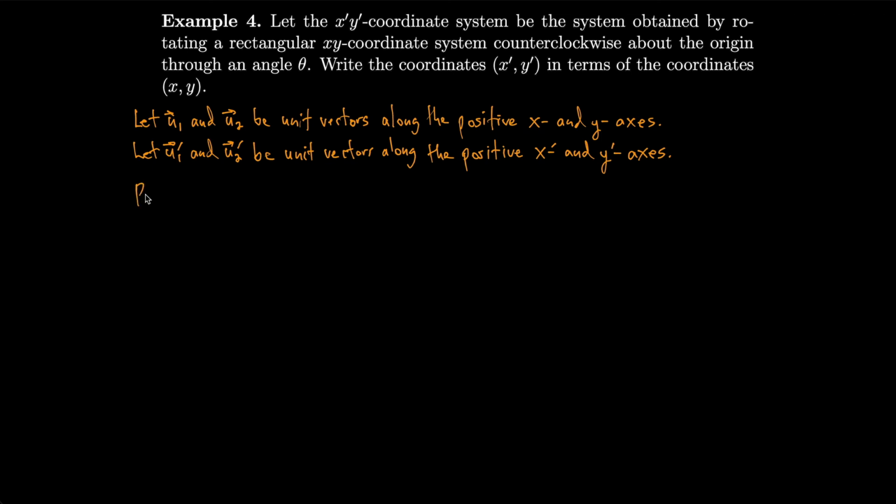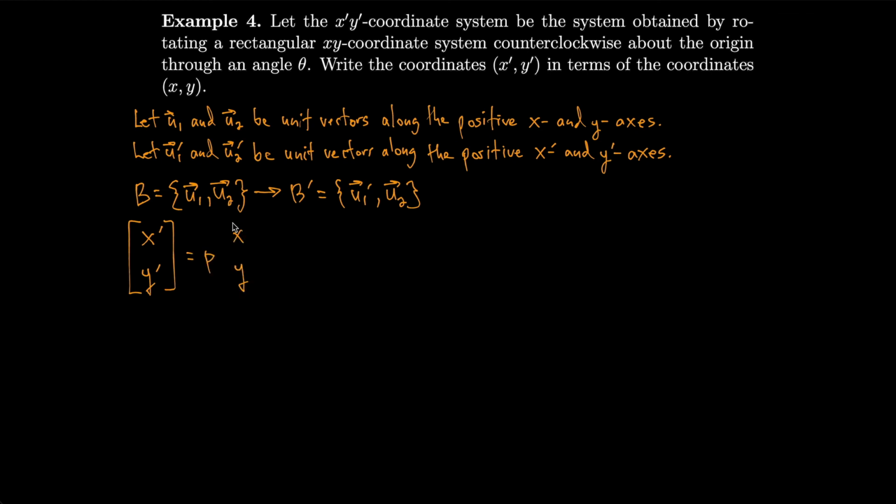So we're going to look from basis B equal to u1, u2, and see what we need to do to make it into B prime equal to u1 prime, u2 prime. Our basic equation is going to be that the coordinates x prime, y prime are equal to some transition matrix P times xy.